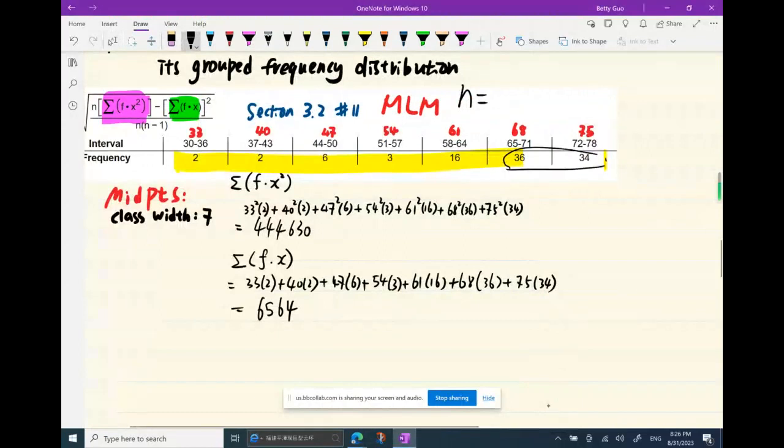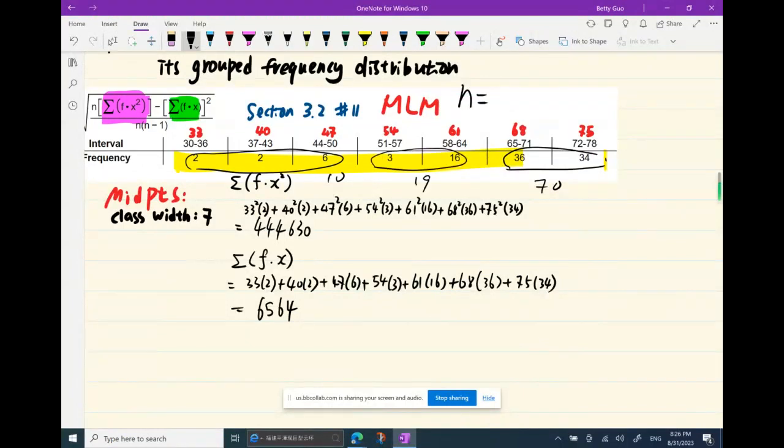So this gives us a 70, and this is a 10, and that is 19. So 29 plus 70. 99 is the right one. 99 is the right sample size.